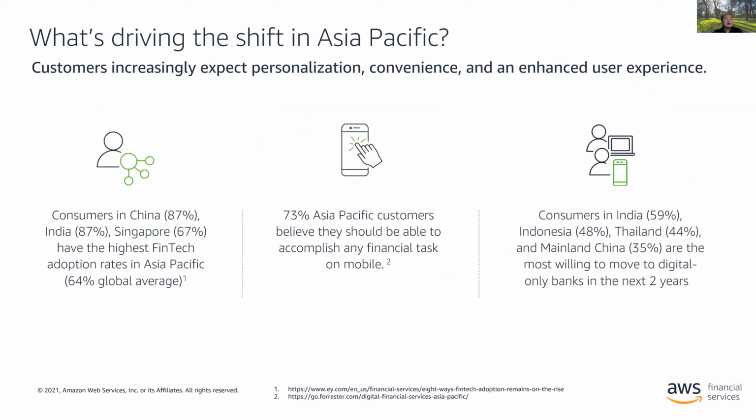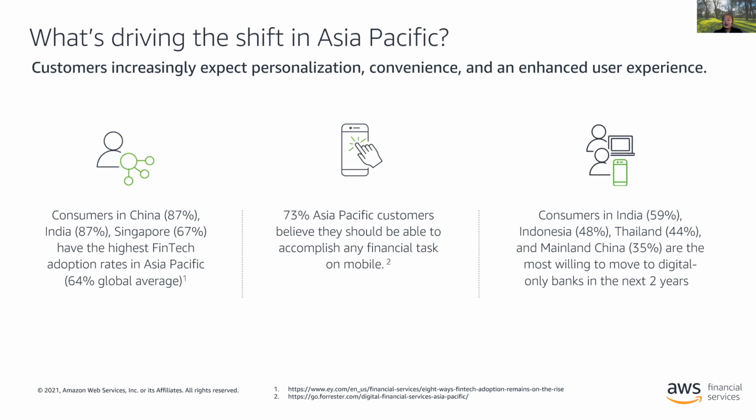So what's driven the shift in the Asia Pacific? As you can see some data points on the slides. Basically, the customers increasingly expect personalization, convenience, and enhanced user experience. And that's one of the key drivers that the adoption of digital banking in Asia is leading the rest of the world. For example, as you see on the screen, the consumers in China, 87%, India, 87%, and so on and so forth.